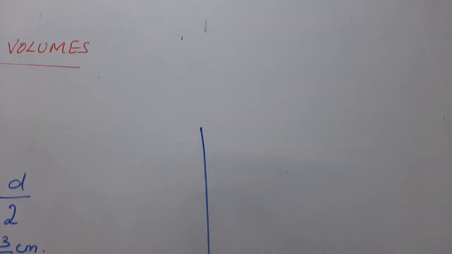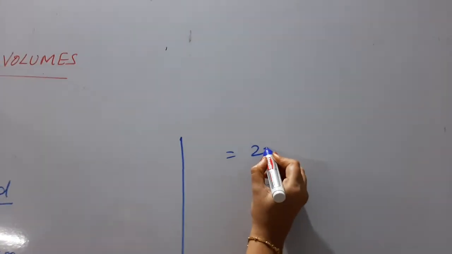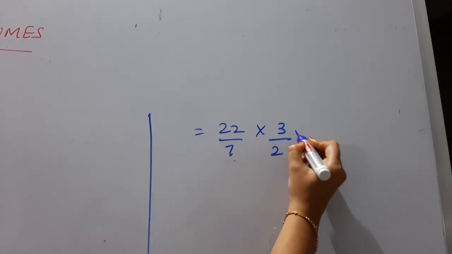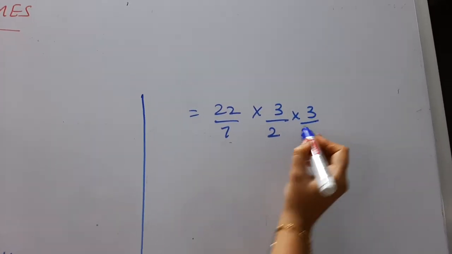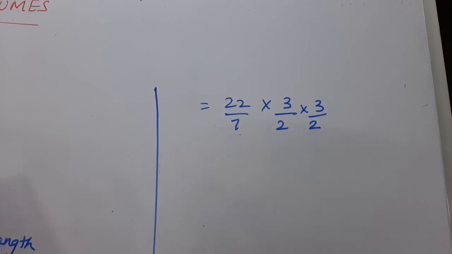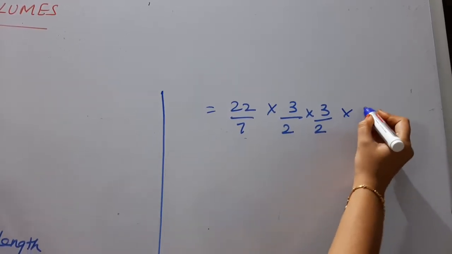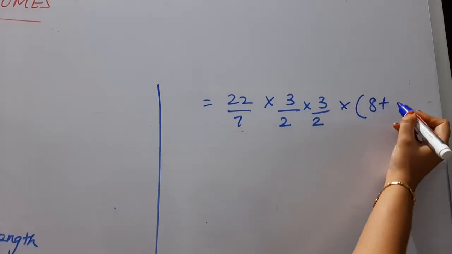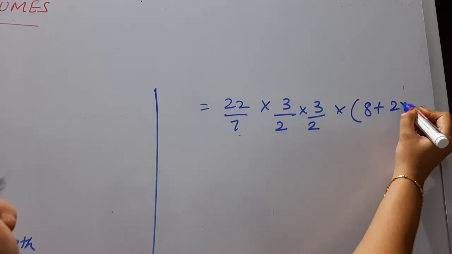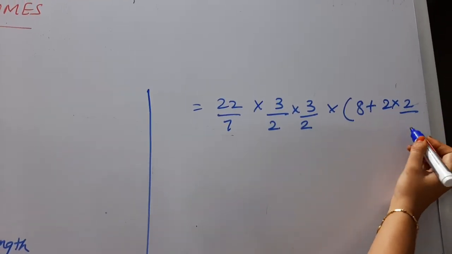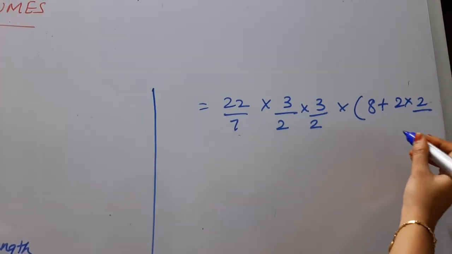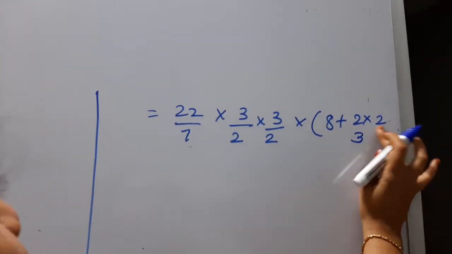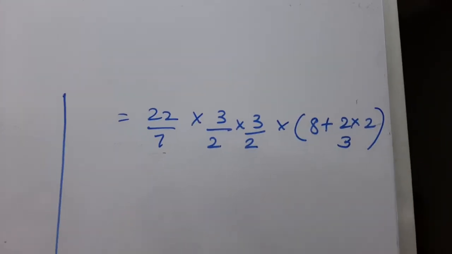Pi value I am taking as 22 by 7. Radius we found 3 by 2. Diameter is given 3 and we found the radius as 3 by 2, into the cylinder height is 8 plus 2 by 3 into the height of the cone, that is equal to 2.